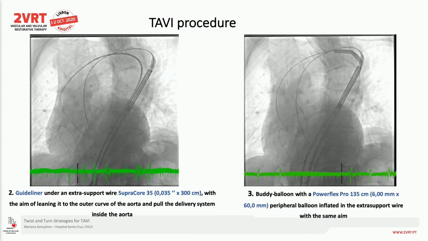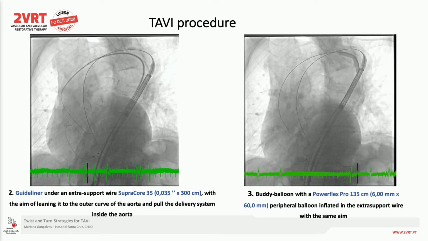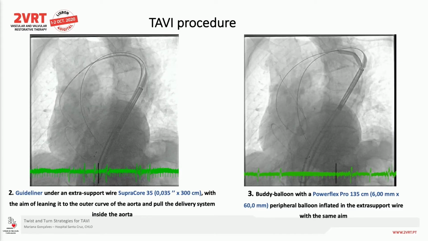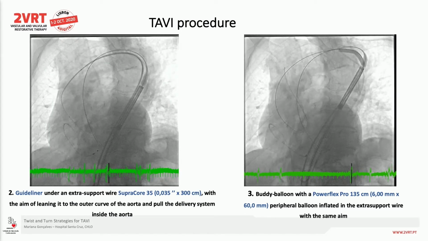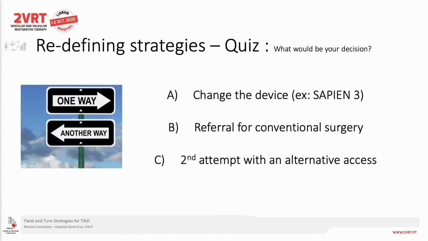Second idea, using a buddy balloon technique with a PowerFlex Pro balloon used in peripheral angioplasties, also in the extra support wire that was already being used, with the same aim to line it to the outer edge of the aorta, but also it was not possible.